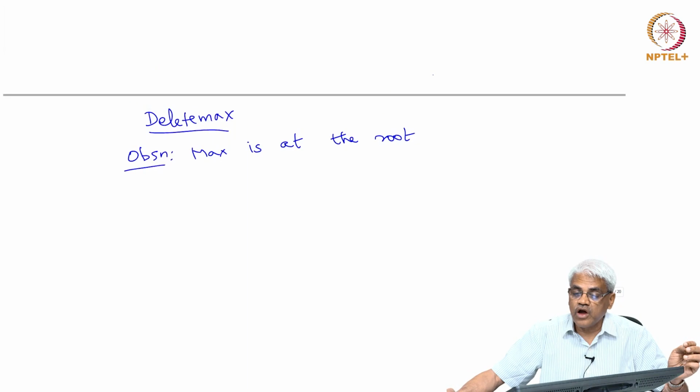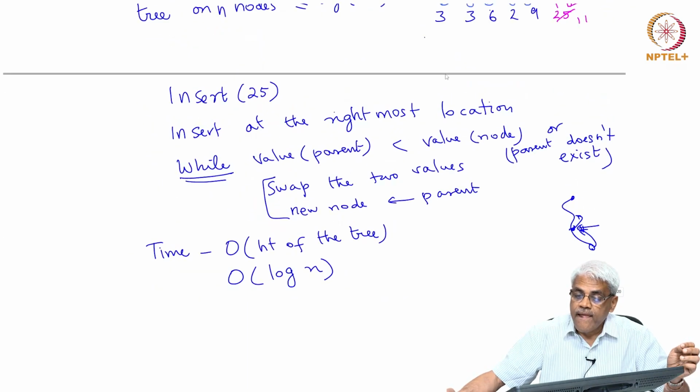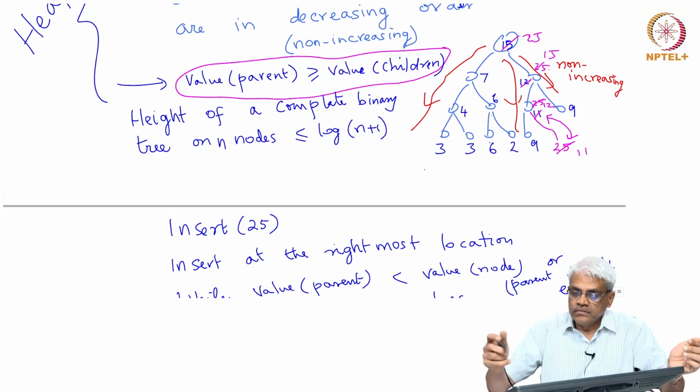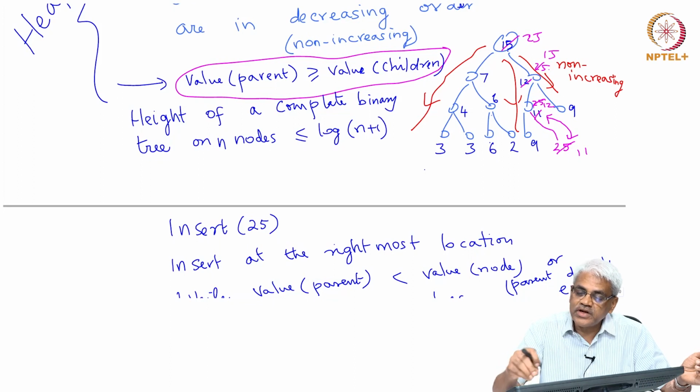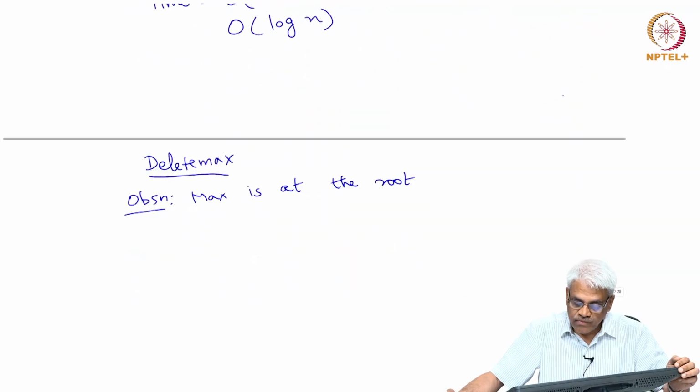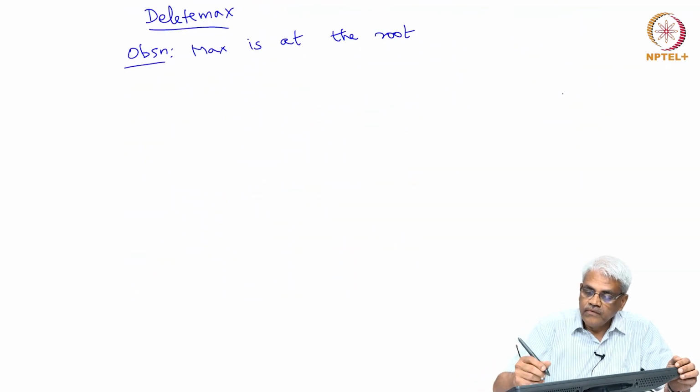So, let us think about how I am going to do that. Once I delete this node, the total number of values decreases by 1. So, I will do something very natural, take the last element and put it there. Okay, so let me draw the whole tree again, or maybe do some other example. Okay, so let us say I have this tree.